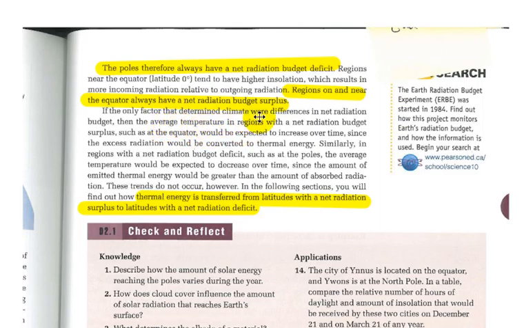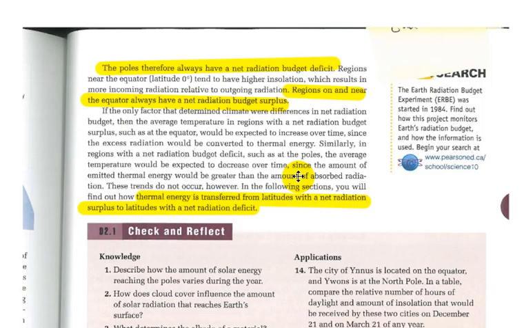If the only factor that determined climate were differences in net radiation budget, then the average temperature in regions with a net radiation budget surplus, such as the equator, would be expected to increase over time since the excess radiation would be converted to thermal energy. Similarly, in regions with a net radiation budget deficit, such as the poles, the average temperature would be expected to decrease over time.